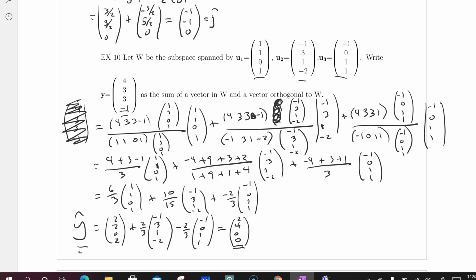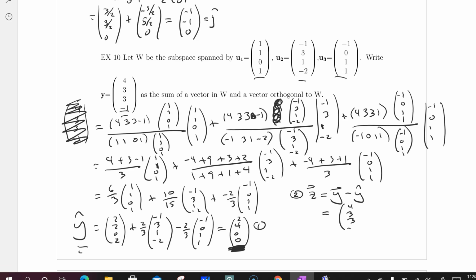Okay, so they wanted me to write y as the sum of the vector in the span and the one orthogonal to it. So first step is find y hat. Second step is to find z. How do you find z? That's y minus y hat. So take my original vector y, subtract off y hat.